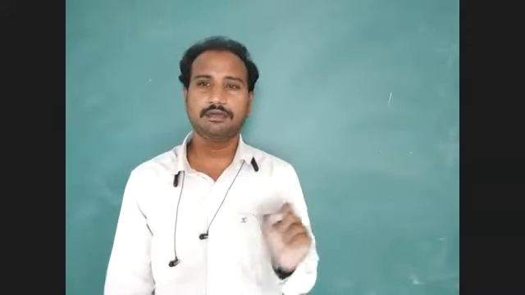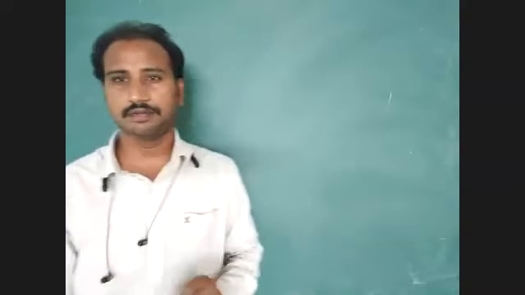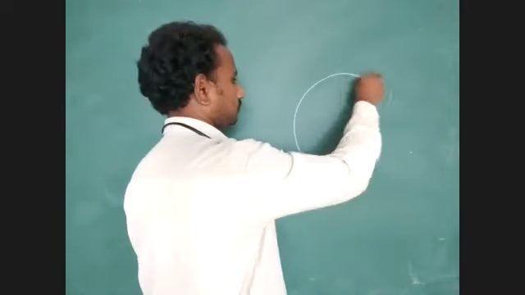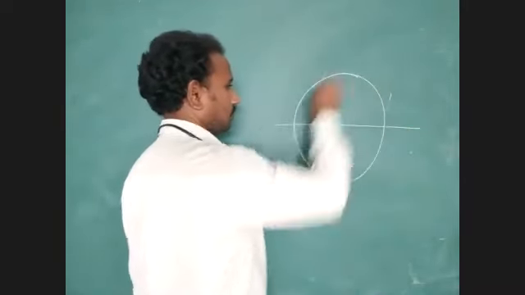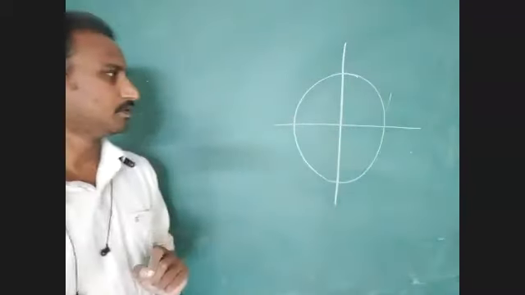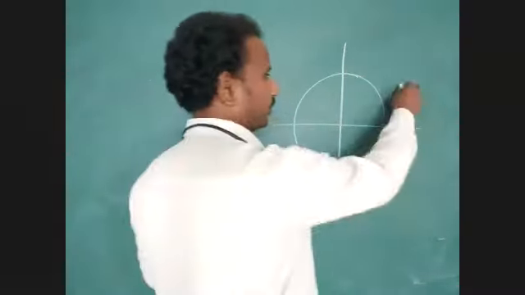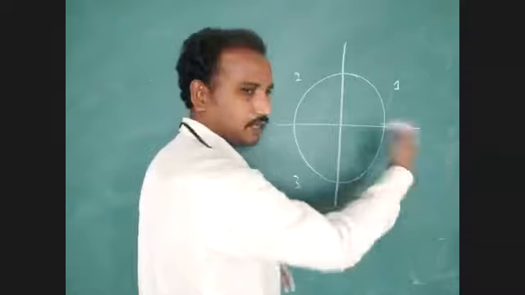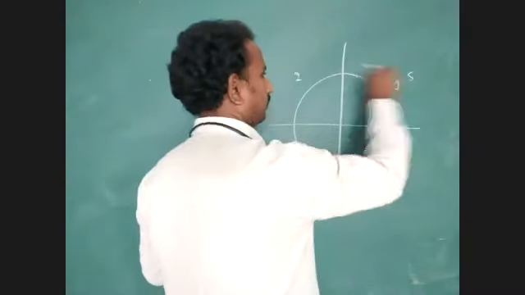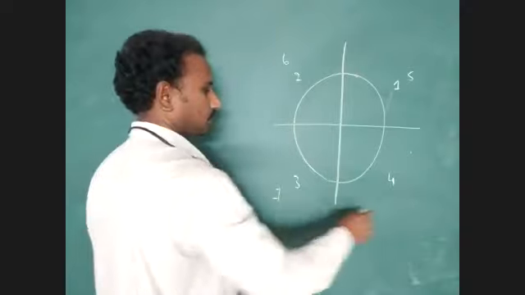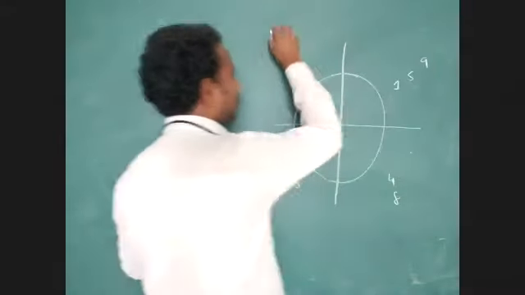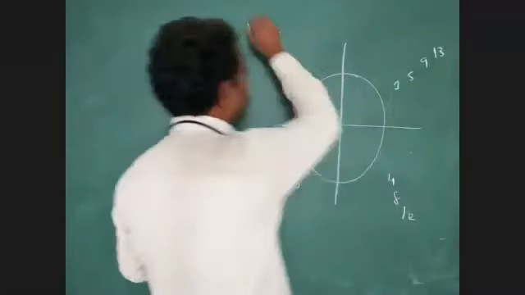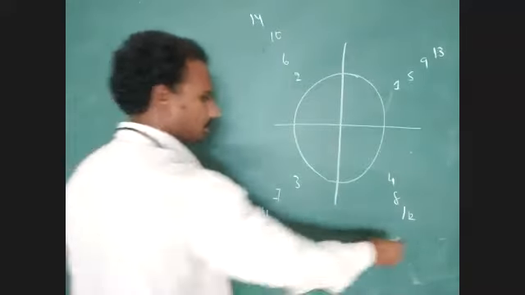What is the reason we have to take odd numbers and even numbers? We have to just identify the odd number and the even number here. First quadrant 1, 2, 3, 4, one rotation completed. Next 5, 6, 7, 8, 9, 10, 11, 12, 13, 14, 15, 16.